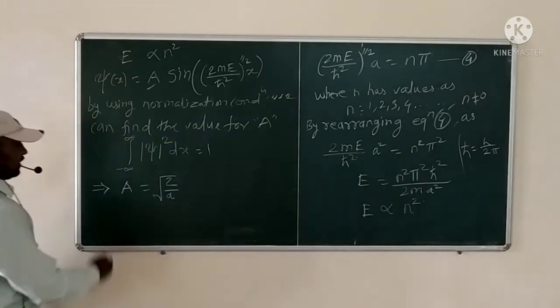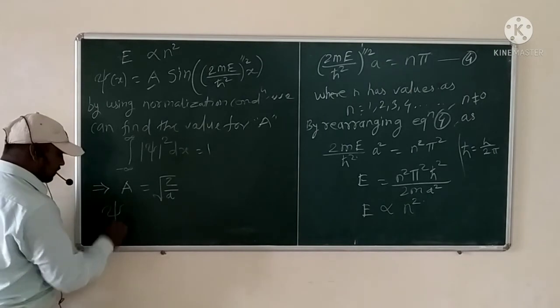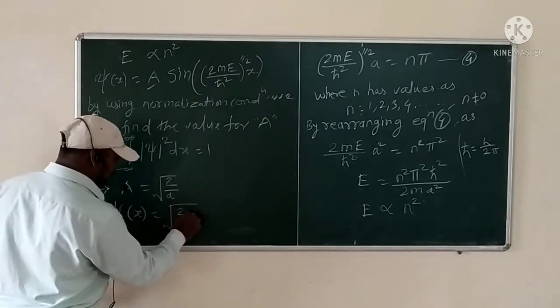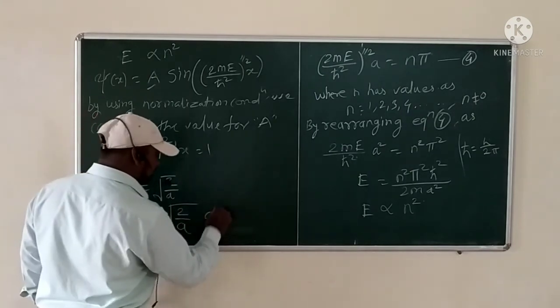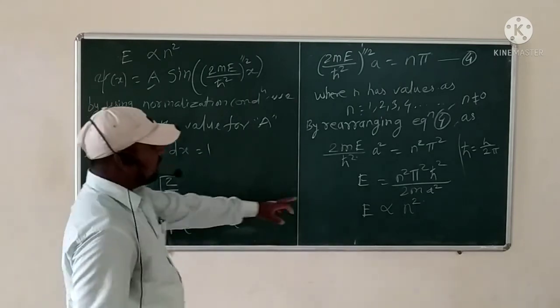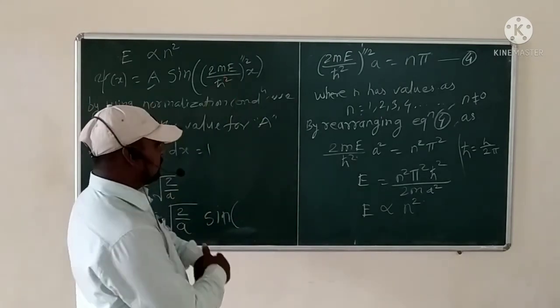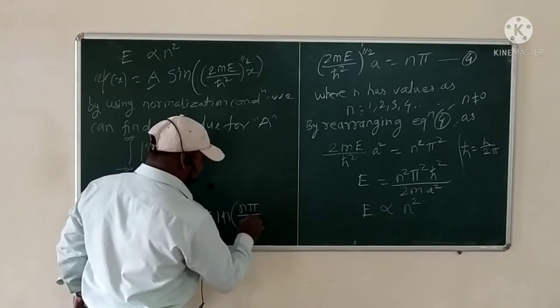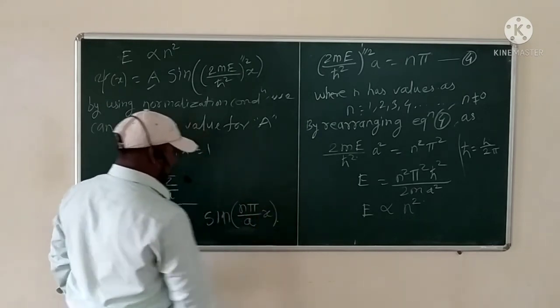So the final wave function psi of x can be written as square root of 2 by a times sine of, when we put the value of energy in this equation, n pi by a into x.